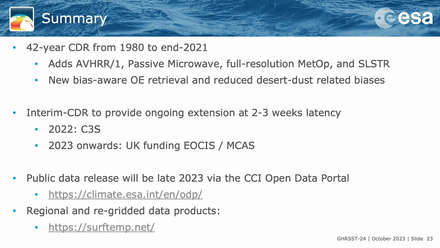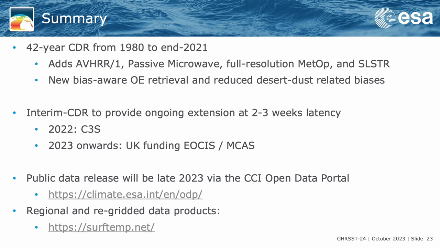So, to summarise, the version 3 ESA CCI climate data record will cover 42 years from 1980 to the end of 2021, with an interim CDR extension available 2 to 3 weeks behind present. Compared to version 2, we have added AVHRR1, passive microwave for AMSR, started processing METOP at full resolution, and added SLSTR data.